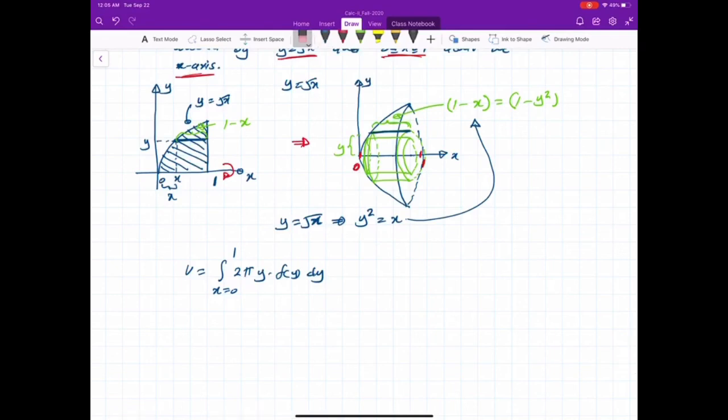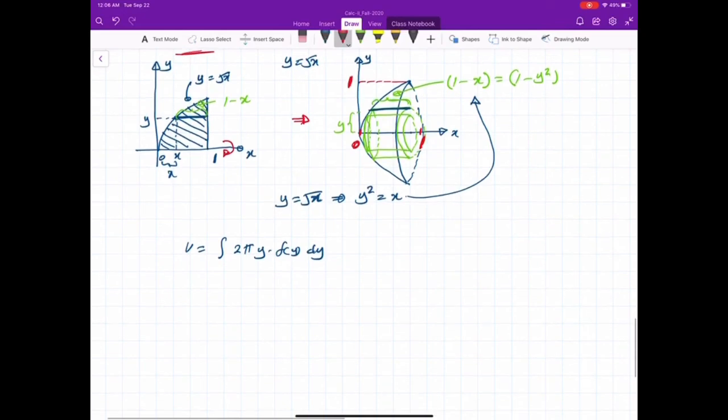So then you have to find the limits of y, not the limits of x. Actually, y also varies from 0 to 1. Here y equals 0, and here y equals 1. When x equals 1, y is 1. So it also varies from 0 to 1.